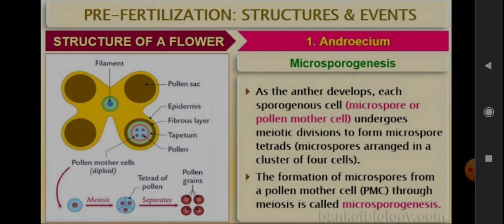See there, one pollen mother cell undergoes meiotic division and gives a tetrad of pollen. Tetrad means four. And it separates into four pollen grains. The formation of microspores from a pollen mother cell through meiosis is called microsporogenesis. So from a pollen mother cell, through meiotic division, you get four cells. This process is called microsporogenesis.